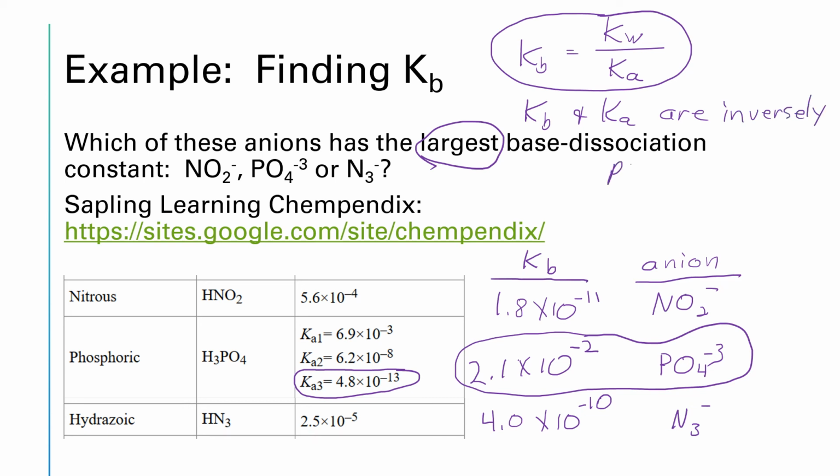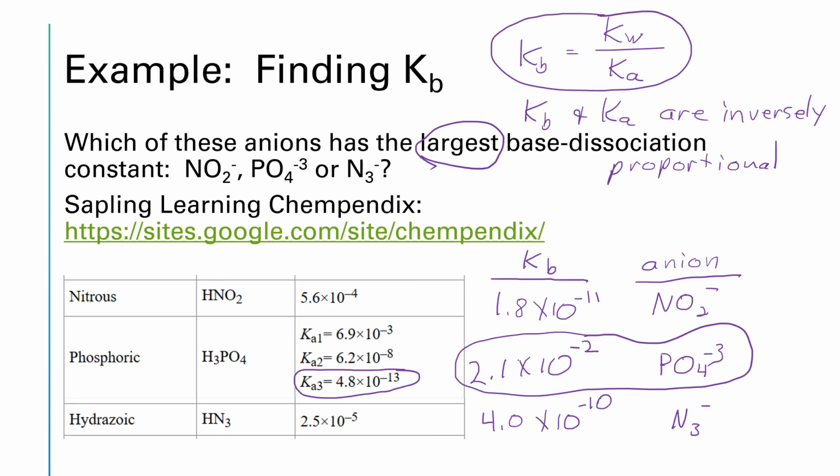So once we know the values for Ka, if we want the smallest Kb, we look for the biggest Ka. If we want the biggest Kb, we look for the smallest Ka.